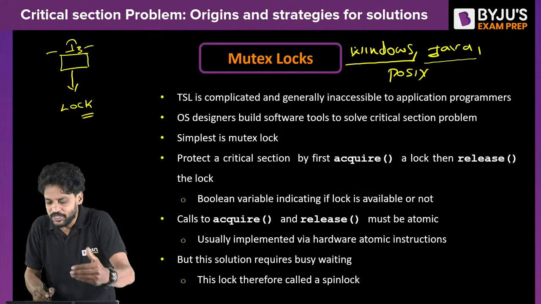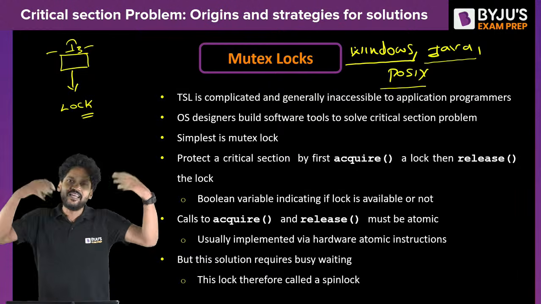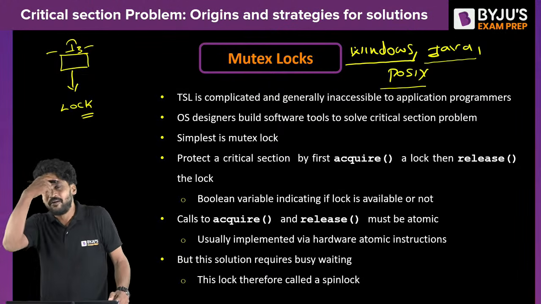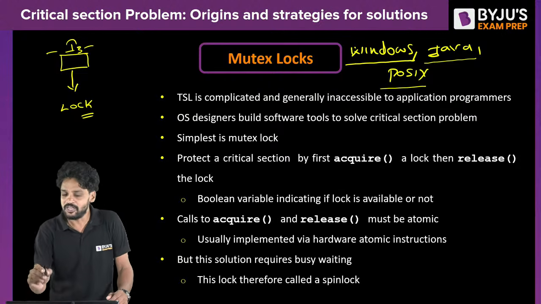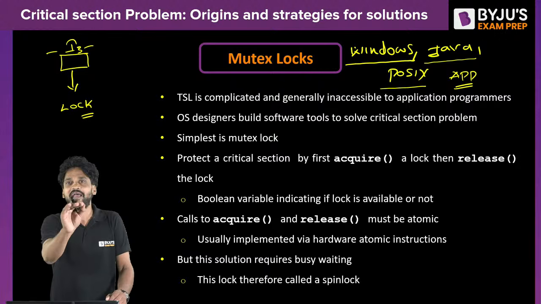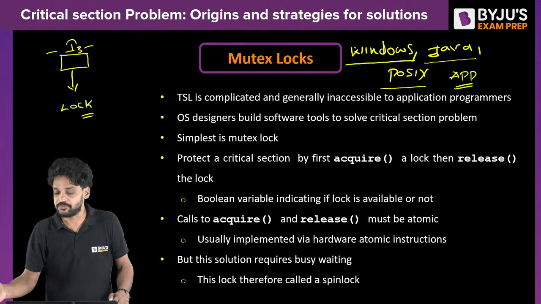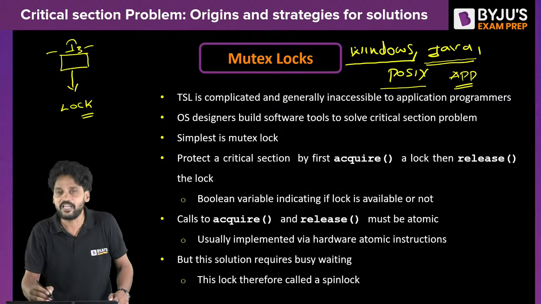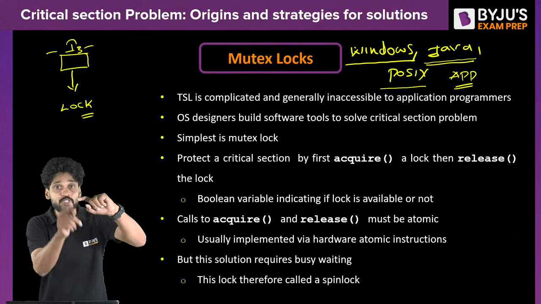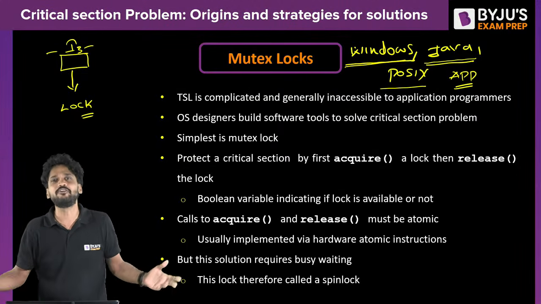When you develop an application by using a POSIX API, your application can run on all Linux and Unix systems, as well as some Mac systems. Windows, obviously, your application will run on any Windows machine.